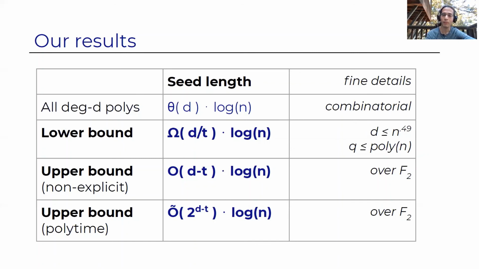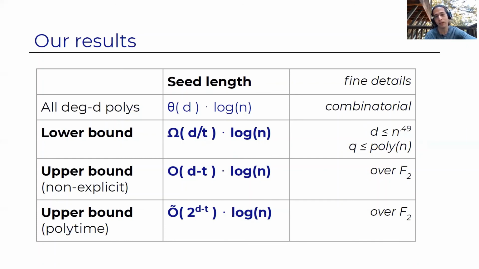So, for example, when t is d to the little o of 1, our lower bound asserts that essentially no improvement is possible over the case of all degree d polynomials in terms of set size. But as t grows closer to d, our lower bound starts to decay. And our non-explicit upper bound gives an expression of d minus t times log n over F2.